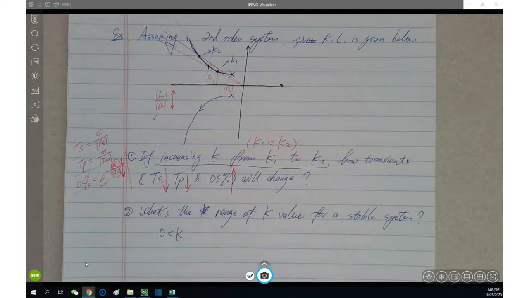How to make the system stable? The criteria is all of the poles, all of them, are in the left-hand plane of the S-plane, right? And marginally stable means what? You have some on the left and some along the y-axis.